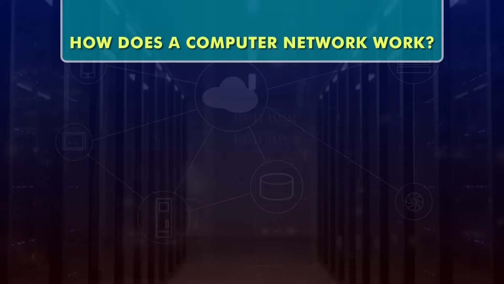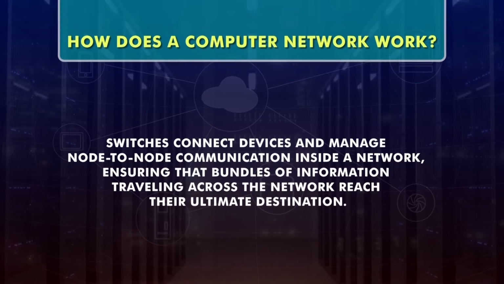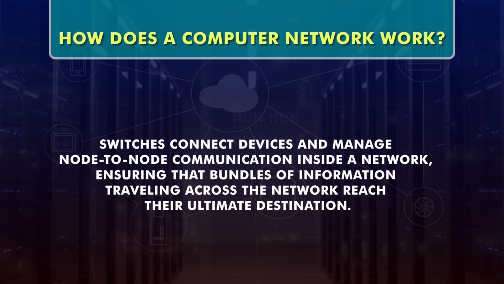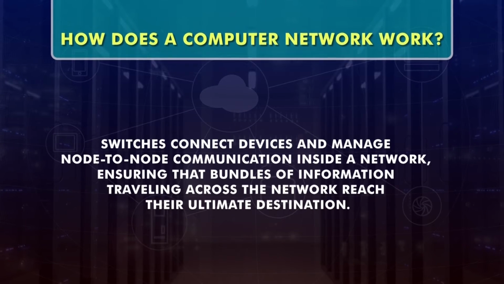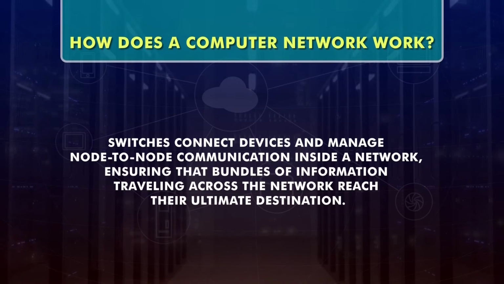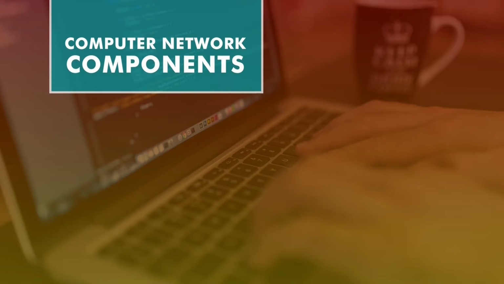They analyze information to determine the best way for data to reach its ultimate destination. Switches connect devices and manage node-to-node communication inside a network, ensuring that bundles of information traveling across the network reach their ultimate destination.